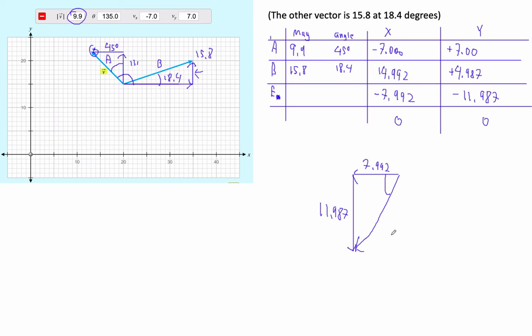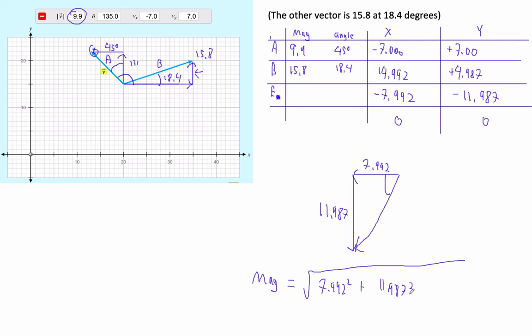Okay, it gets a little bit tricky, but we can do this, right? So the magnitude is equal to, hold on here, it's going to be the square root of 7.992 squared plus 11.987 squared.